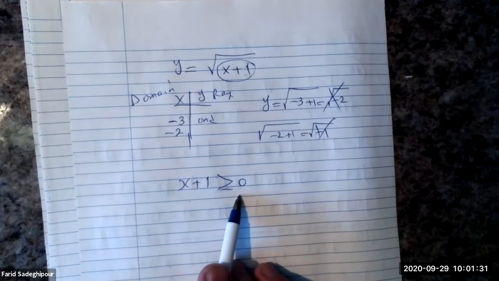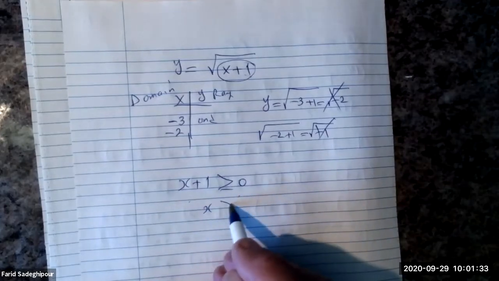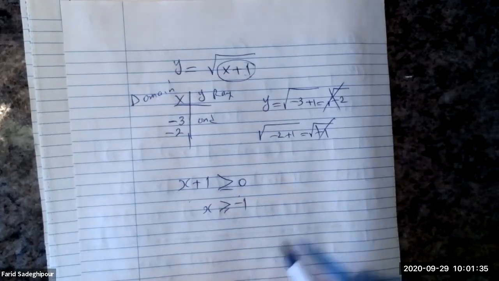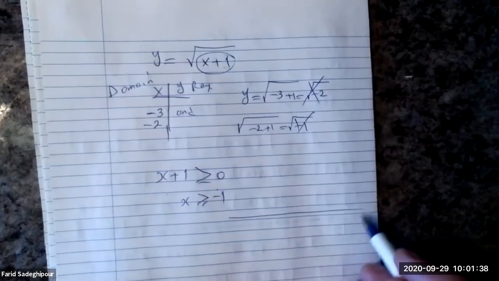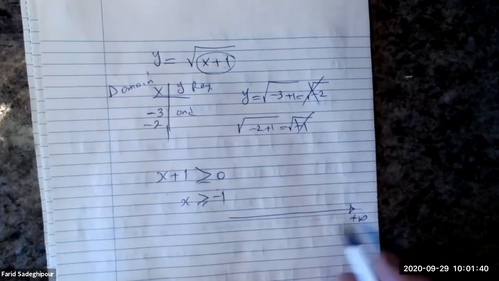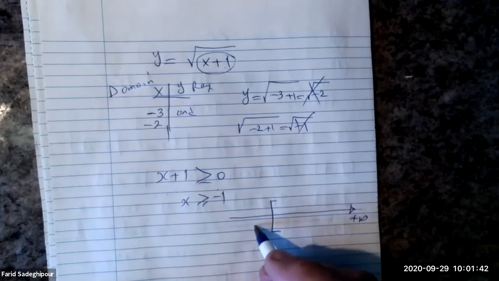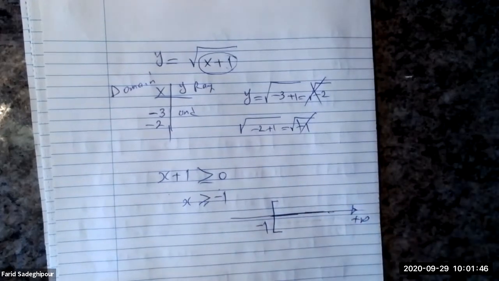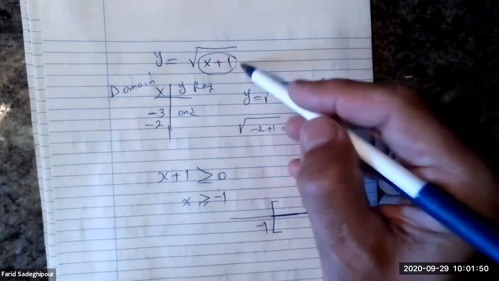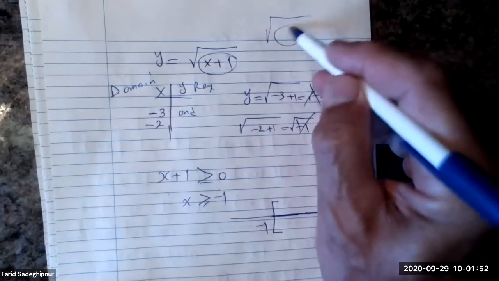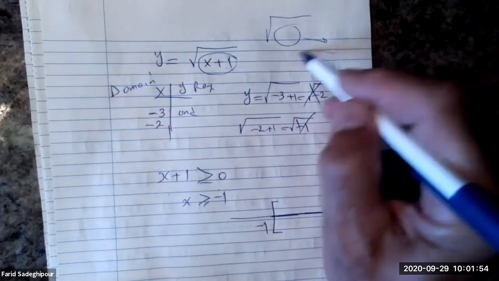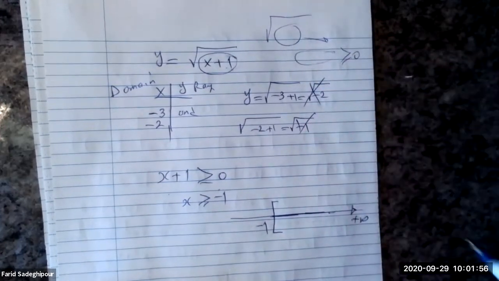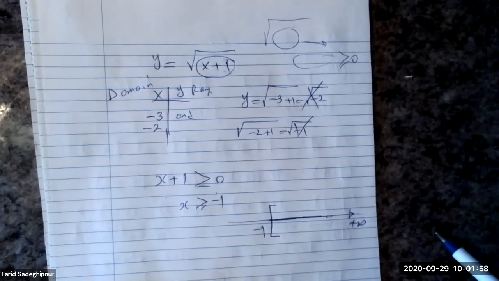You have to solve this inequality, which means x always has to be greater than or equal to -1. When you substitute a number, make sure your number is -1 or greater. So for any radical problem, what you have under the radical, you take and set it greater than or equal to 0. That's how to find the domain of the radical.